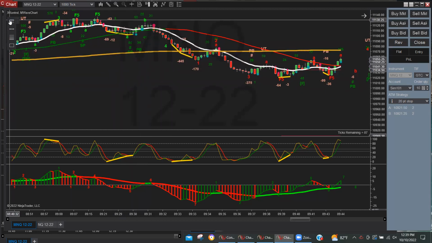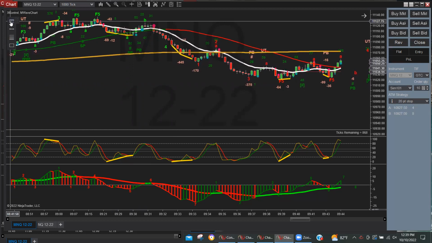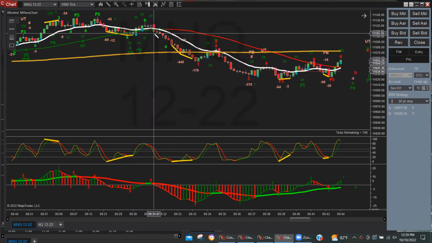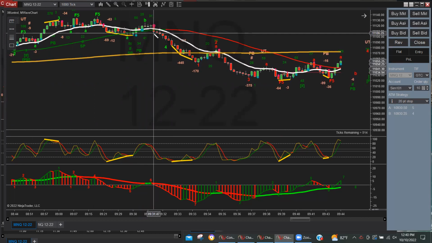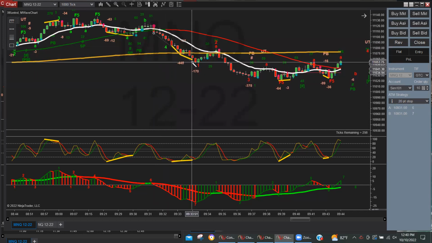Okay, so use the ruler. I'm using the ruler, and I know I got in on this candle right here, where my pending order is at 1106.25. If you look to the far right, I'm getting out somewhere down here.